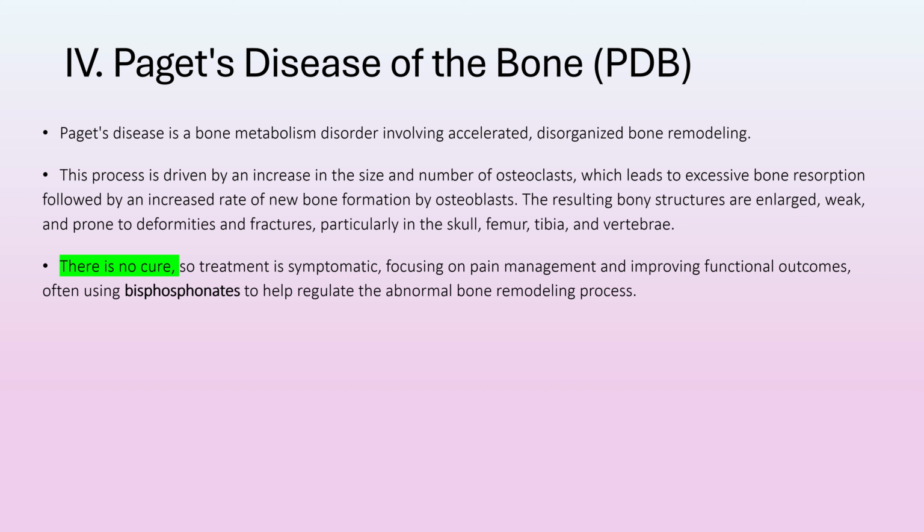Osteoblasts add new bone at an increased rate, which leads to enlarged bony structures that are disorganized in structure and reduced in mechanical strength, leading to a risk for development of deformities and fractures.